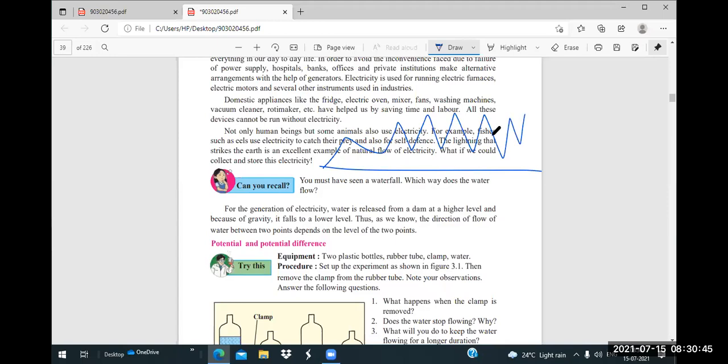Due to the tides, at the bottom of the oceans or at one center, they fix turbines where the tides are flowing very speedily, and with the help of these tides and turbines we are producing electricity and we can use it.